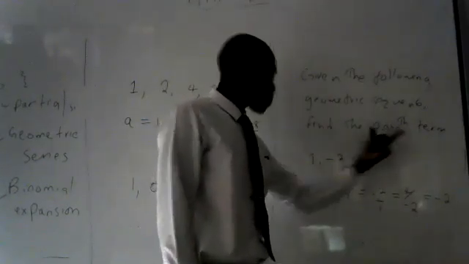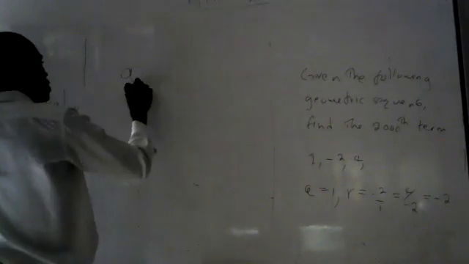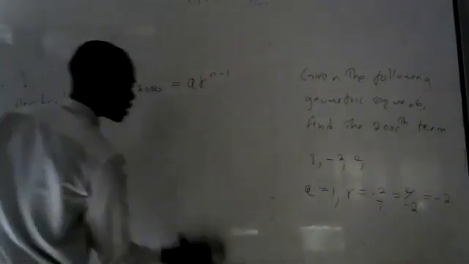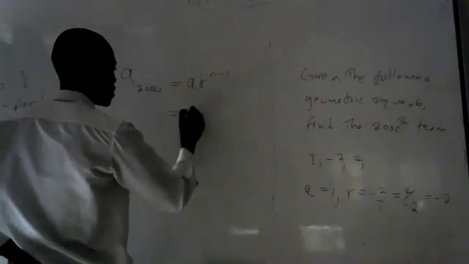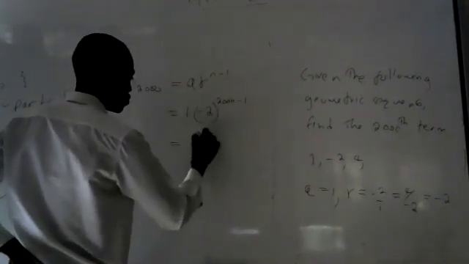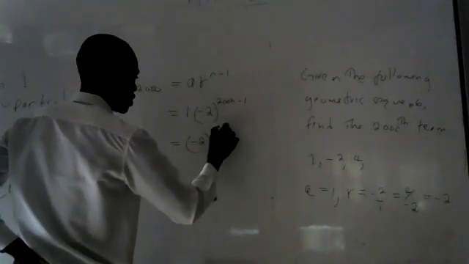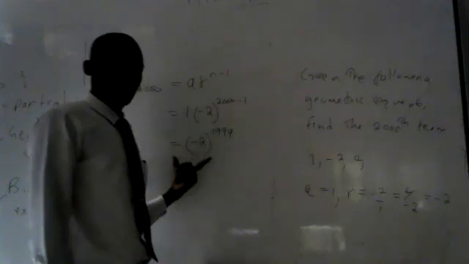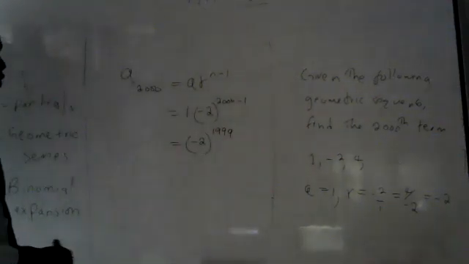I can compute the 2000th term very easily, by just taking A_2000 as AR^(n-1). So then I just substitute these values. So 1 times -2 raised to 2000 minus 1. So that's going to be -2 raised to 1999. This is going to be the 2000th term. Question?